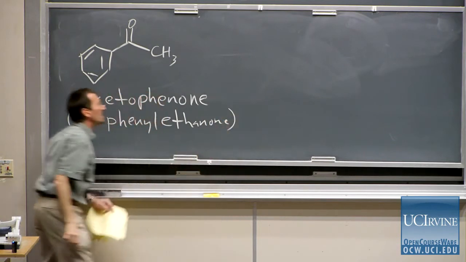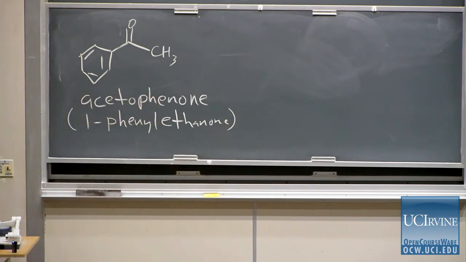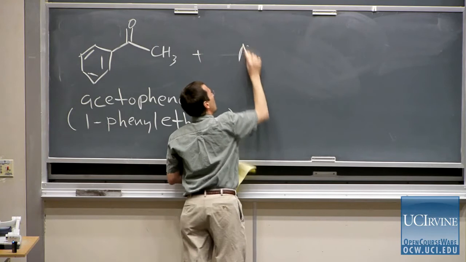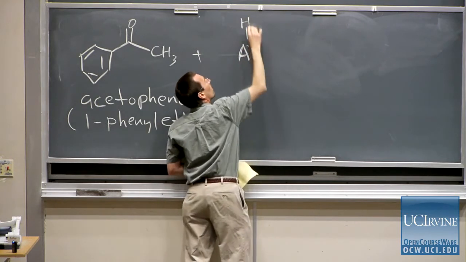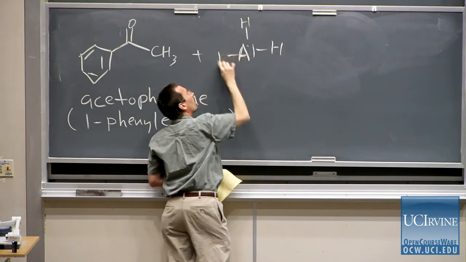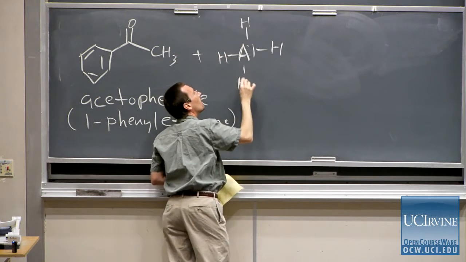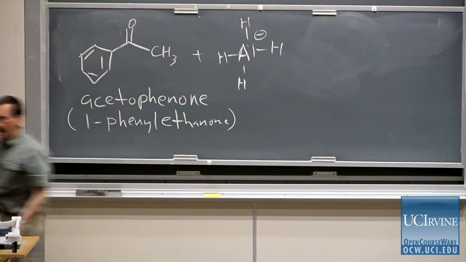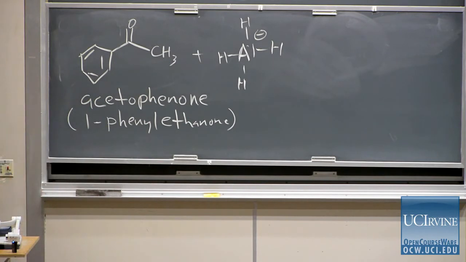But again, the common name is going to predominate. And we're going to imagine treating this compound with lithium aluminum hydride. And now we're going to see how it reacts as hydride anion.